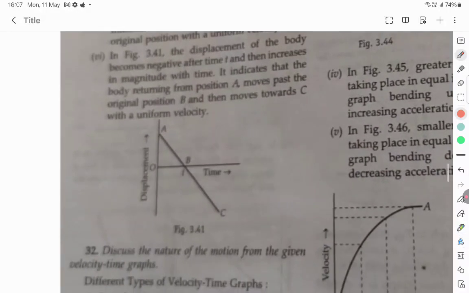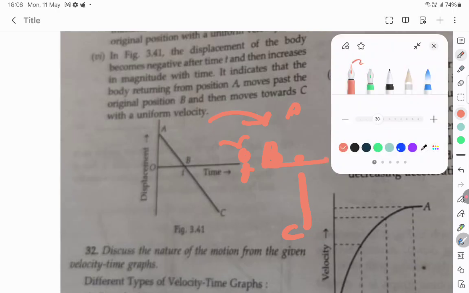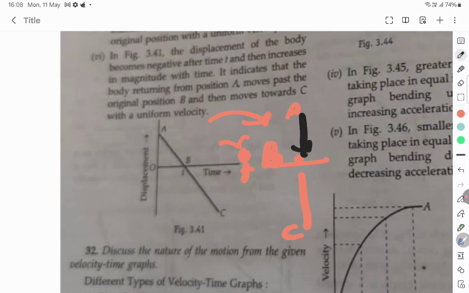So what does this represent? When they give you a graph like this, you should understand that this can be compared in real life with the position from A, the ball is coming to B and then moving past B to a point C. Supposing the baby is sitting here, the ball is coming towards the baby, moves past the baby, and that's what this means.